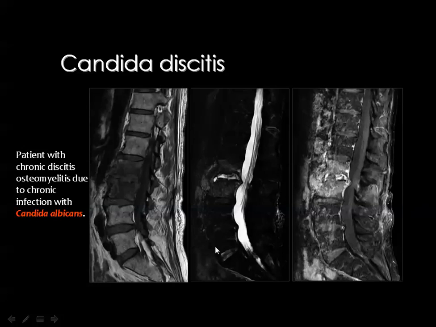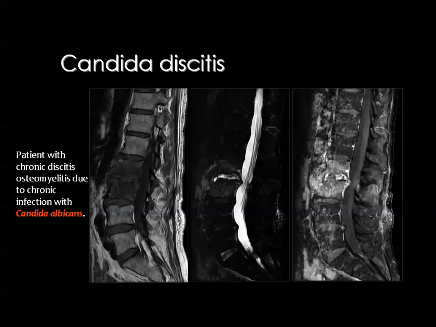And this is not a supportive criterion, but if you look here at the L2-3 level, there is an inflammatory spondylodiscitis with brightness of the intervertebral disc, enhancement of the disc and the vertebral bodies, together with inflammatory granulation tissue inside the spinal canal as well as in the prevertebral area.